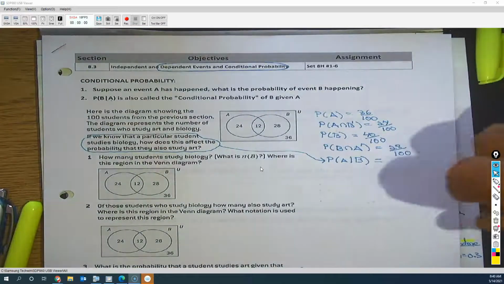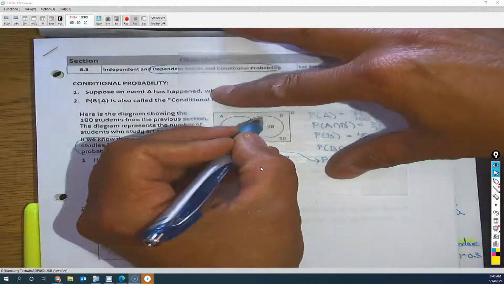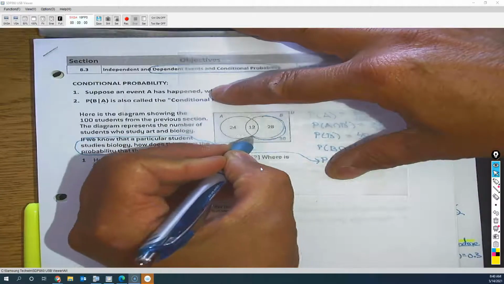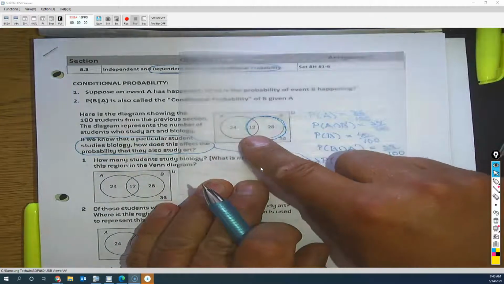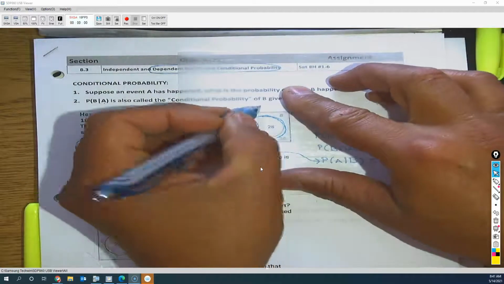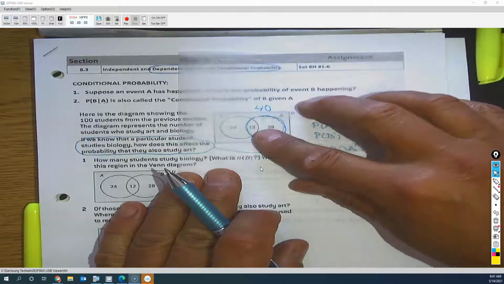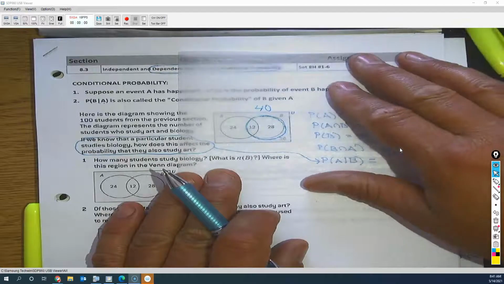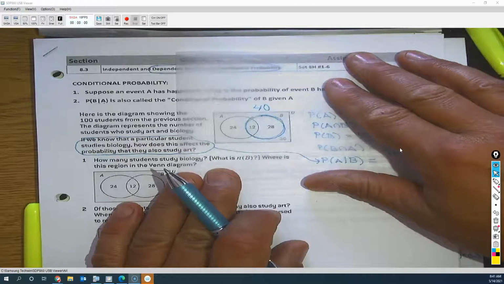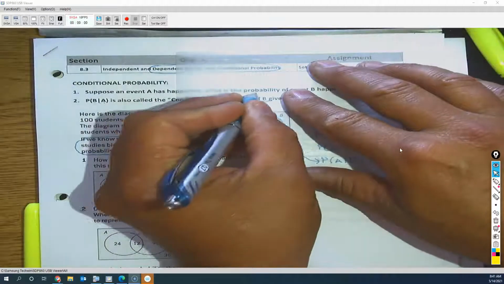So instead of looking at all 100 students, you're only looking at these 40. Out of those 40 kids, how many of them study art, according to that diagram? 12 out of 40.